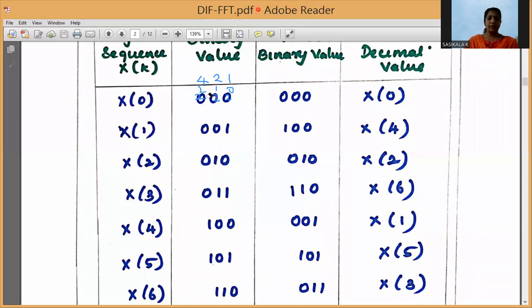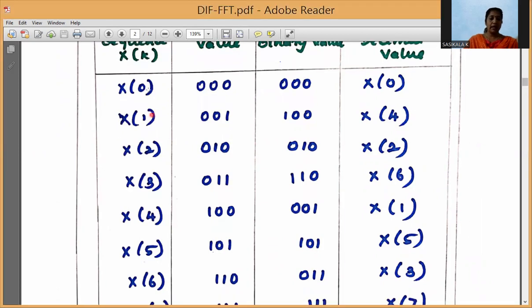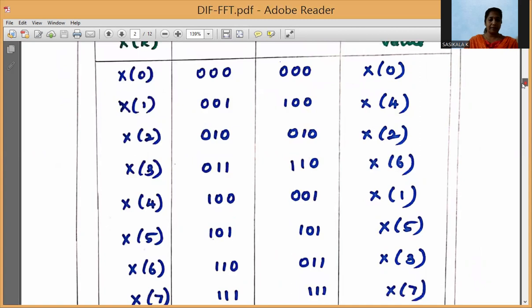So here the input sequence can be expressed in original order, whereas the output sequence capital X of k is written in the bit reversal order. So we have 8 outputs, starting from X of 0, X of 1, 2, 3, 4, 5, 6 and 7.